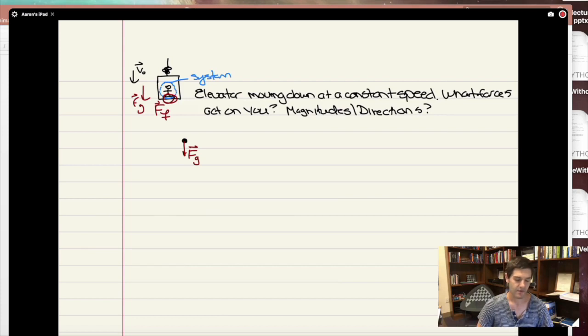And we could think again, why does it make sense that the contact with the floor would be straight up? Well, we know that you are moving at a constant speed. You know you are not accelerating. So it makes sense that if you're not accelerating, the net force on you better be 0. That is how you get 0 acceleration. So it makes sense that the floor will likely be pointing up and away from the floor.